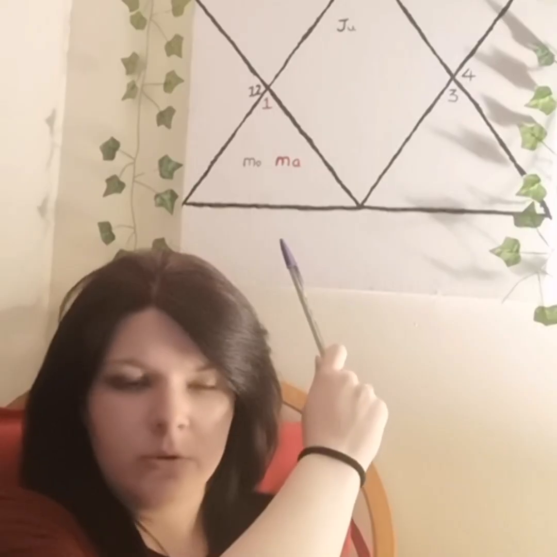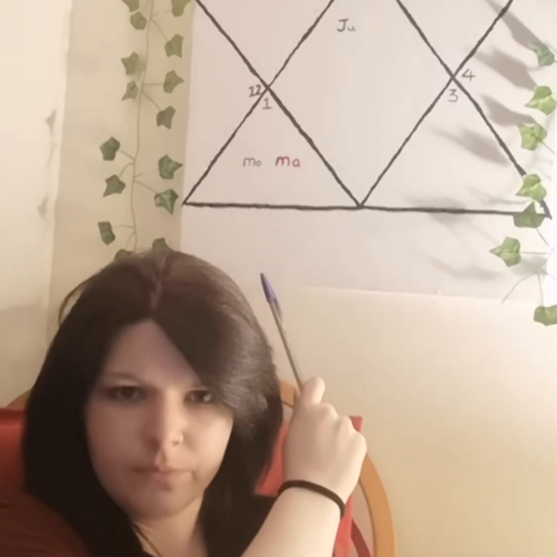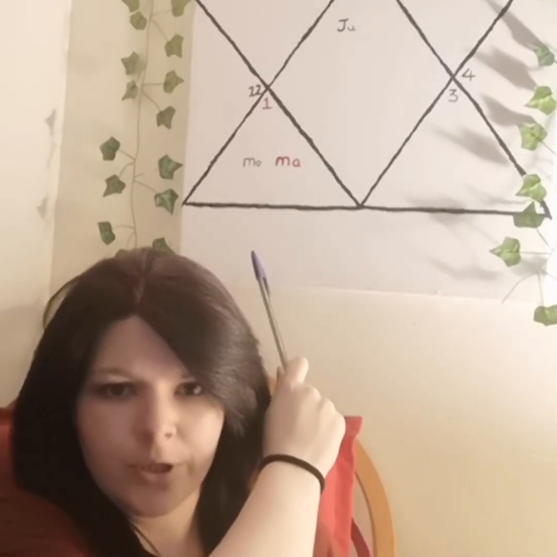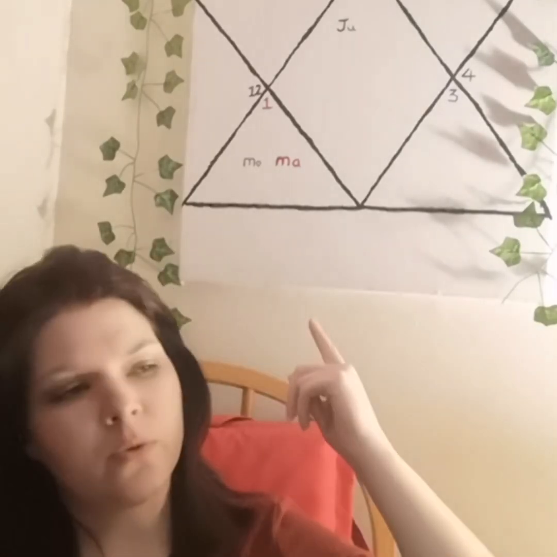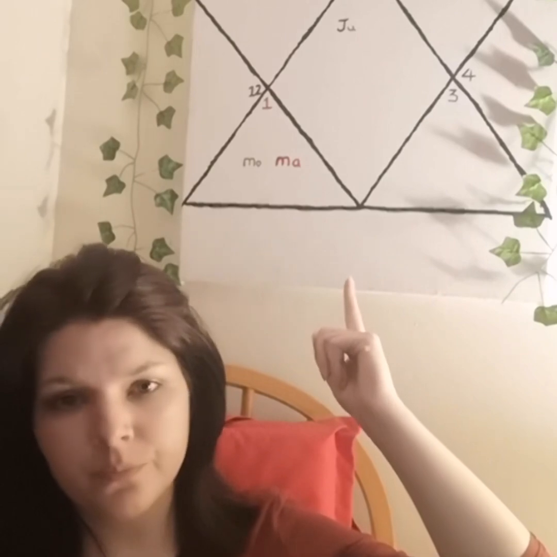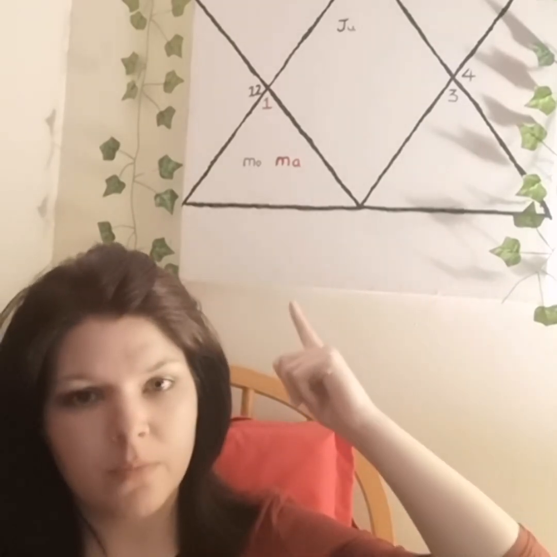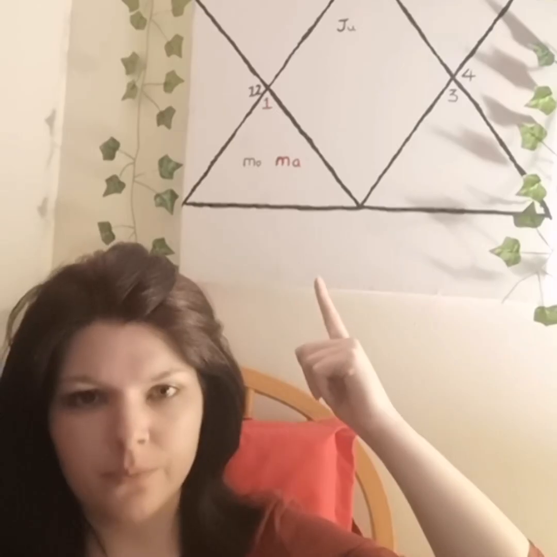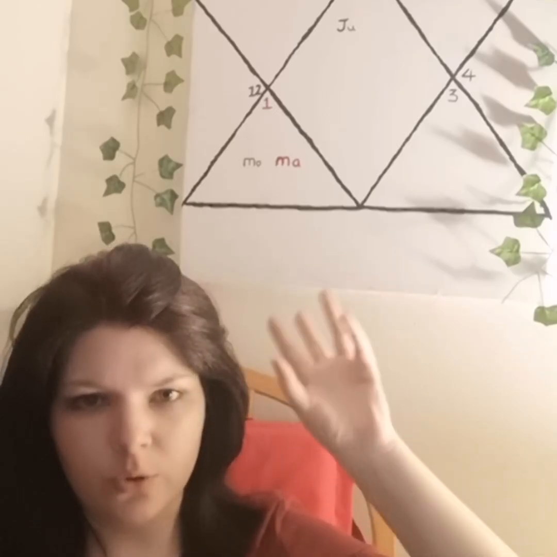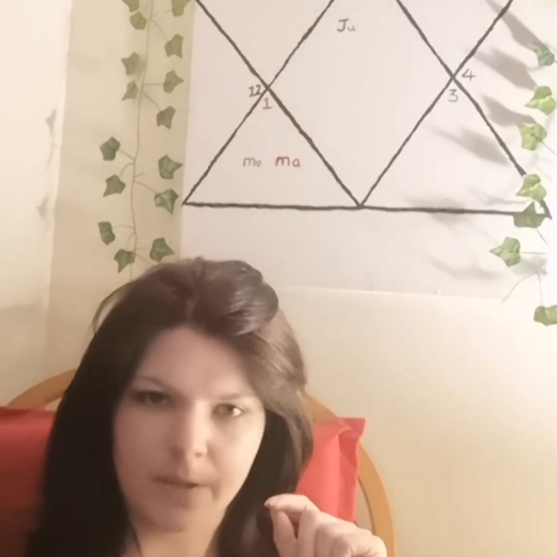So if you have Mars in Ashwini, you wait for the moon to transit Ashwini to open your Mars. If your Mars is in Pusha, then you wait for the moon to transit Pusha, and then you can open, or potentially you can at least work on the root chakra on that day.